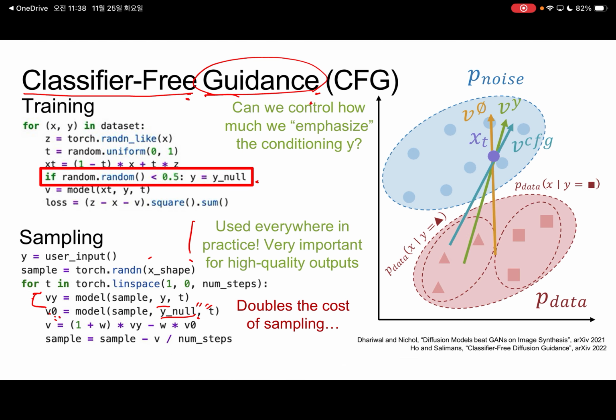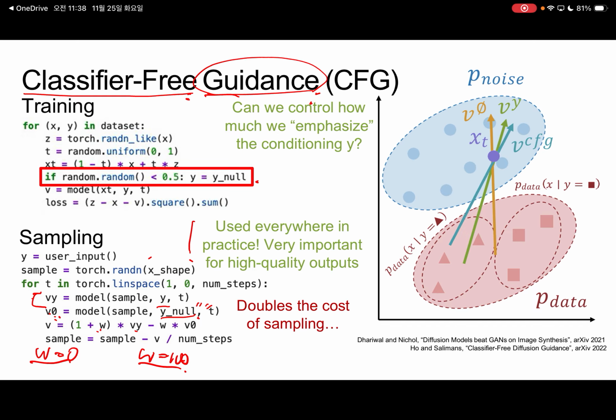And then this is sampling. It's very important to understand how the value of W affects the quality of output. When W equals 0, then V is equal to Vy, right? Then what does this mean? If W equals 0, then V equals Vy, and the condition is not strictly included in the generation pipeline.